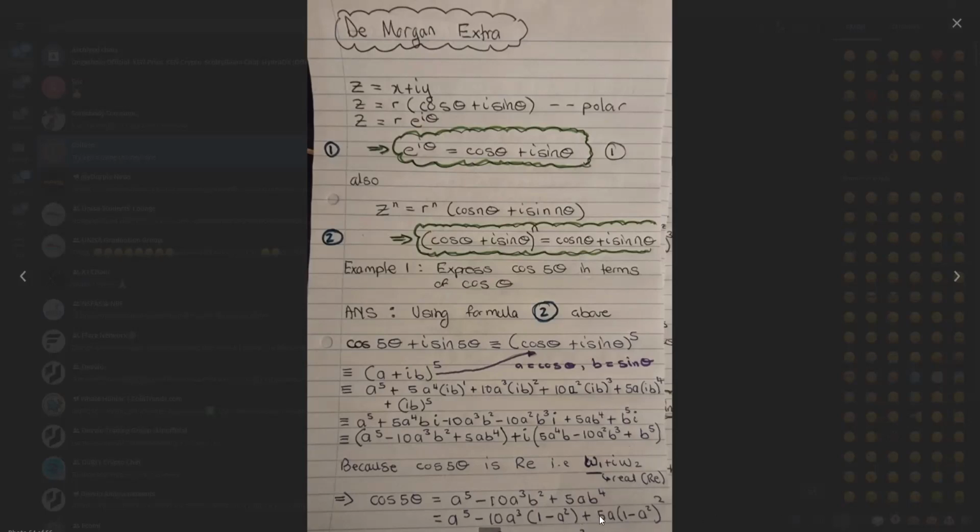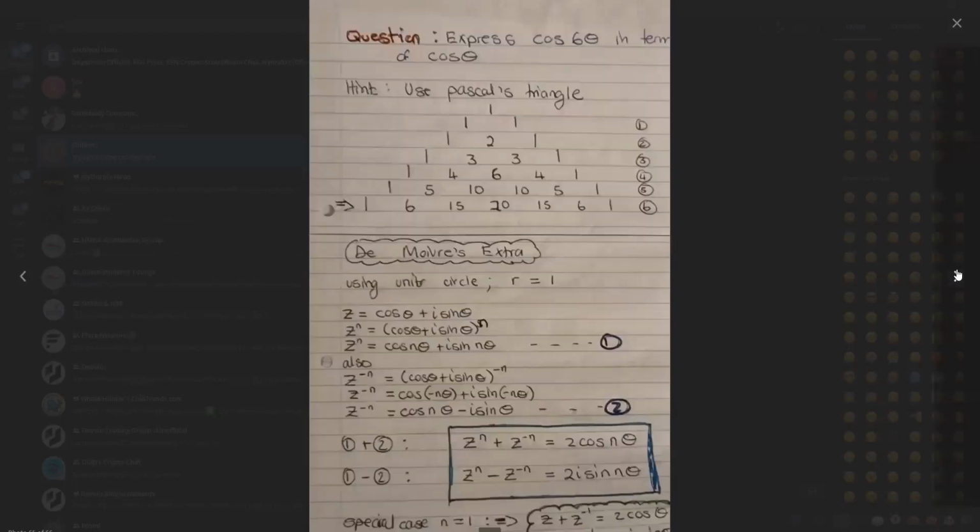Then plus 5A, and you do the same thing with B to the power 4: B squared raised to the power 2, and B squared, we said, is this thing. Then it's just a matter of replacing the A, and you get the final answer. If the question had asked you for sine 5 theta, you would only choose this one. Okay. Yeah.